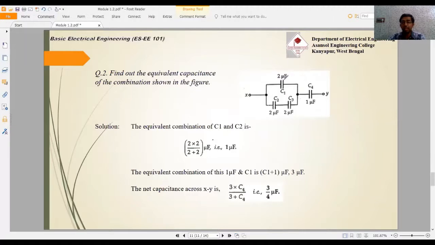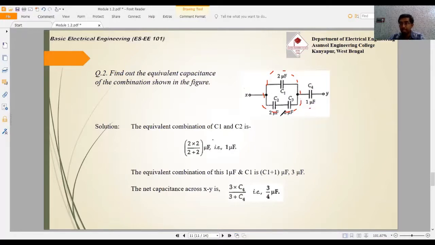Here you can see that 2 capacitors C2 and C3 are in series, and with this series another 2 microfarad is in parallel, and this total system is in series with C4 of value 1 microfarad.